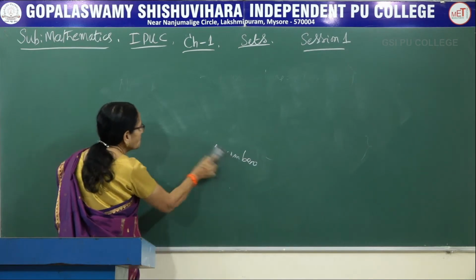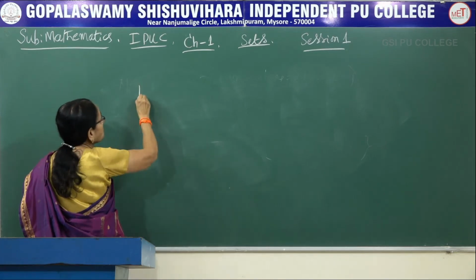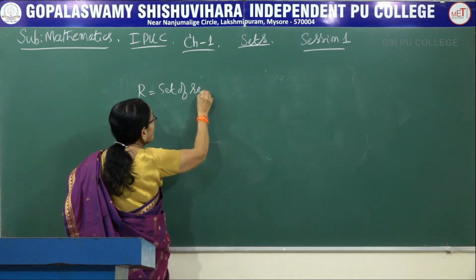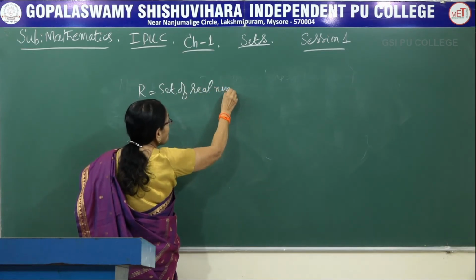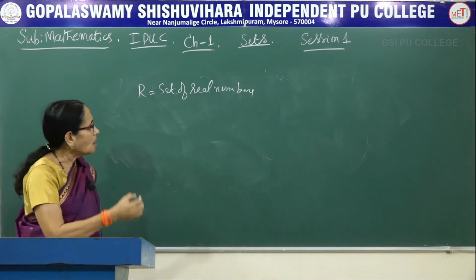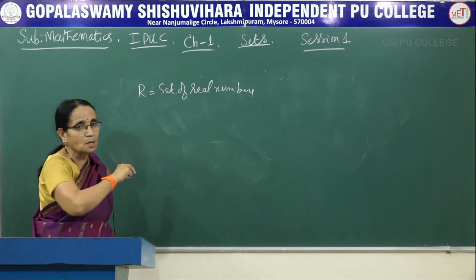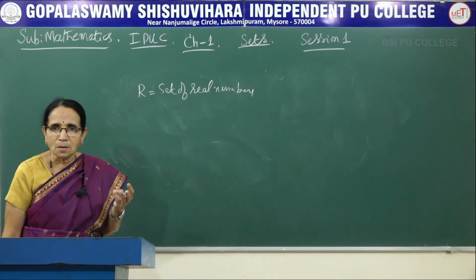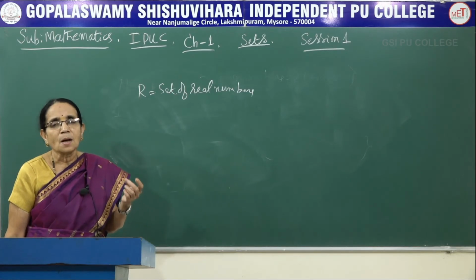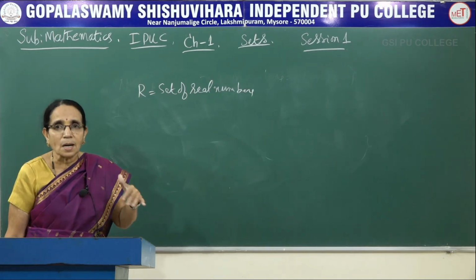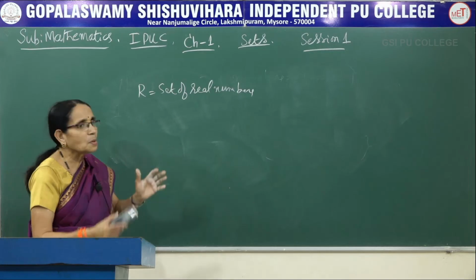The next is capital R. Now it is the set of real numbers. When I say real number, all the numbers that I have told earlier will be included. So a real number means the positive, negative integers, 0 included, positive, negative rational numbers, positive, negative irrational numbers, all of them are included.